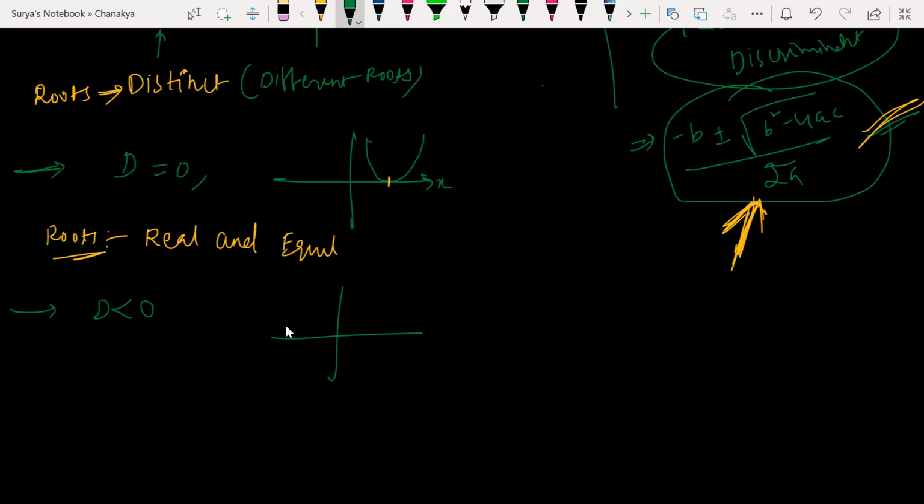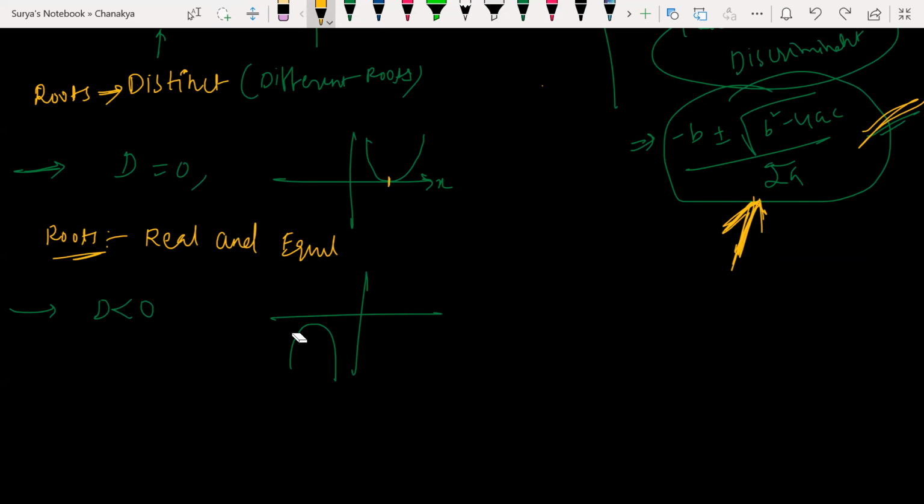The entire parabola lies below the x-axis, like this, and there is no point of contact. इधर ऐसा लाई करेगा नीचे, x-axis को टच नहीं करेगा. It is not going to touch the x-axis, it will be lying simply downwards to the x-axis.